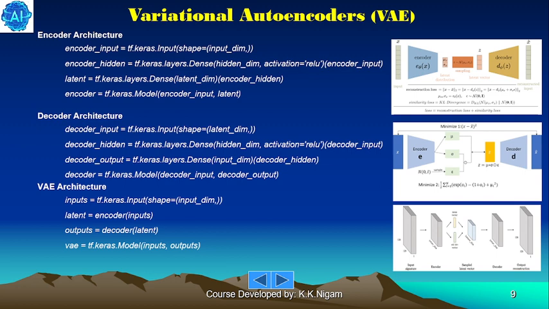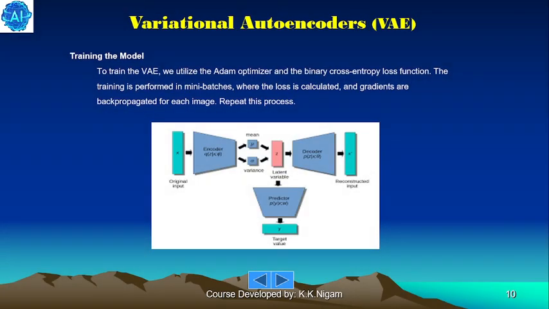Then VAE architecture: inputs is tf.keras.Input with shape equal to input dimension, latent from the encoder, outputs from the decoder, and the VAE is tf.keras.Model with input and output. So this is how you can train the data.